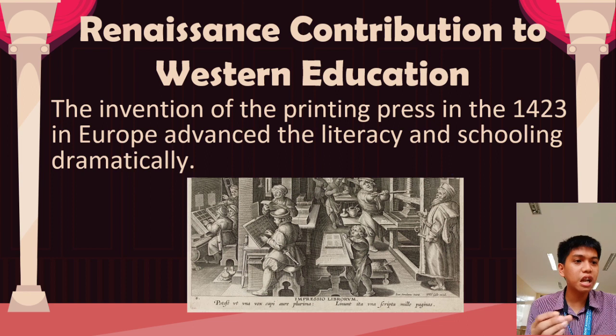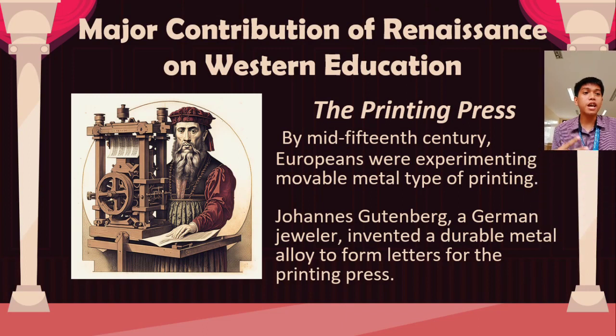The university lecture was essentially an experience in which students recorded their professor's words. But by the mid-15th century, Europeans were experimenting with movable metal type printing. Johannes Gutenberg, a German jeweler, invented a durable metal alloy to form letters for the printing press. So it made information accessible to a larger reading population.